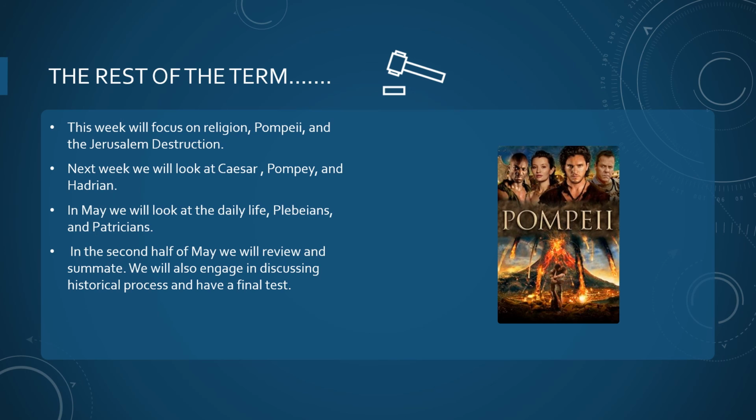Then in May we will look at some aspects of daily life, the plebeians and patricians, and then we will also look at the collapse of Rome and bring ourselves all the way up to the medieval era. Understand that in the second half of May, we will have reviews, summations, and we will have some tests. So enjoy things now.